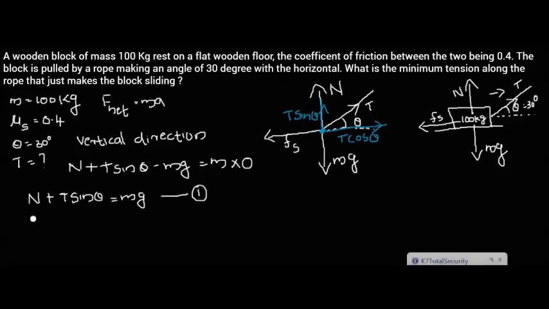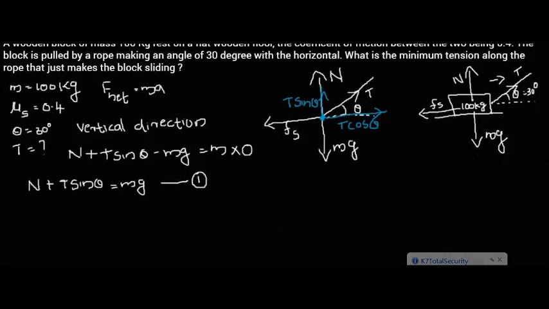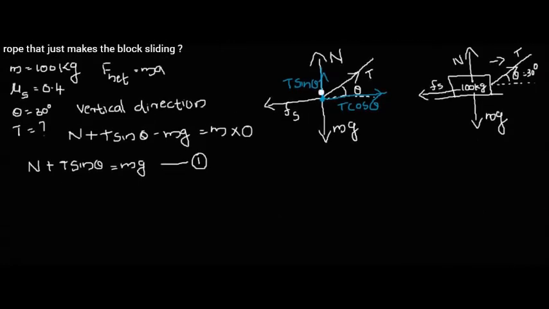Next, similarly, we have to apply Newton's second law along the horizontal direction. So along the horizontal direction, how many forces are acting? 2 forces are acting. Fs, the frictional force, is acting along the negative x direction. The cos component of the tension is acting along the positive x direction.